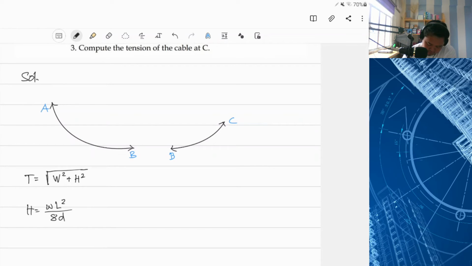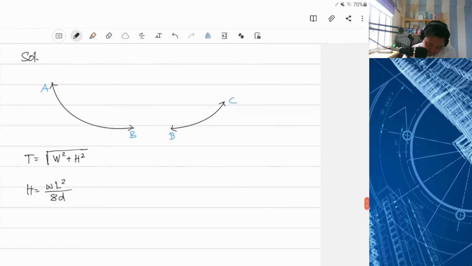We can think of using these formulas, but they can't be used because they are derived from a symmetrical parabolic cable. So we have here now an unsymmetrical parabolic cable.